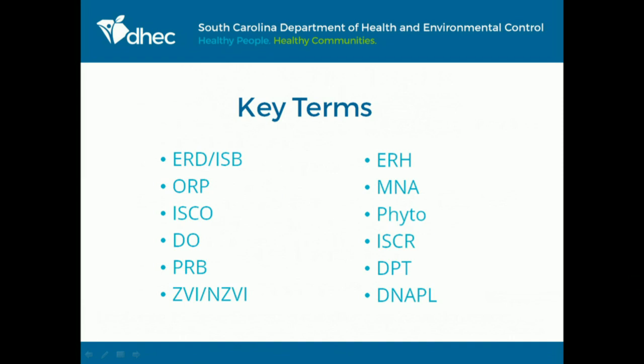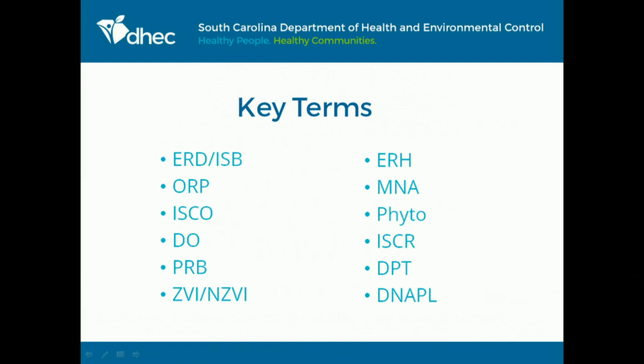ISCO is in situ chemical oxidation. DO is dissolved oxygen. PRB, permeable reactive barrier. ZVI and NZVI are zero valent iron and nanoscale zero valent iron. ERH is electrical resistance heating. MNA, monitored natural attenuation.